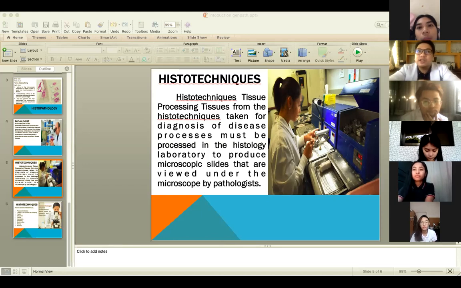The disadvantage lang of squash preparation class is some cells are being destroyed. Okay? The other term for this is pull apart. Okay, class? This method is usually used if the specimen is tissue fluids, okay, or body fluids.